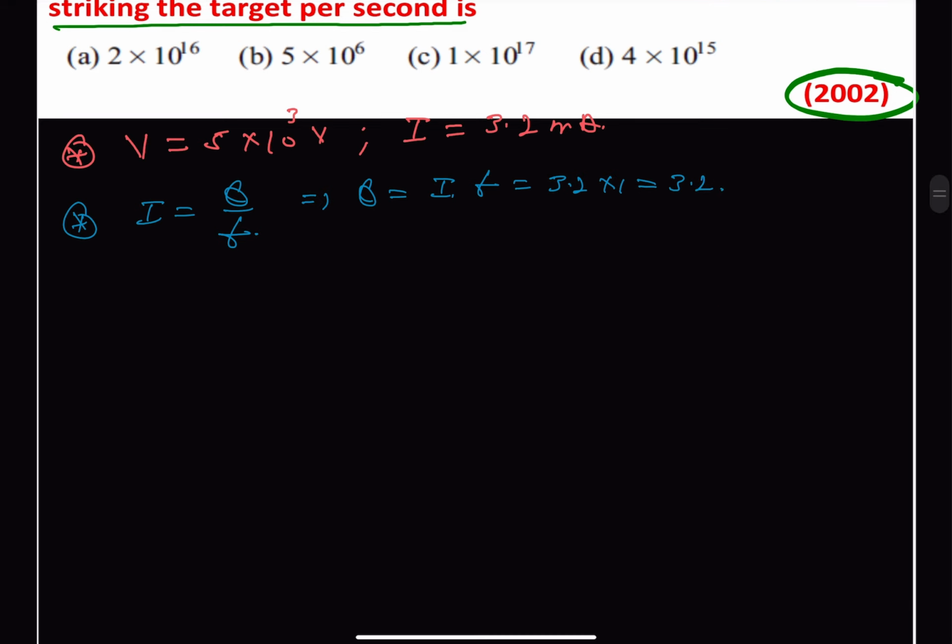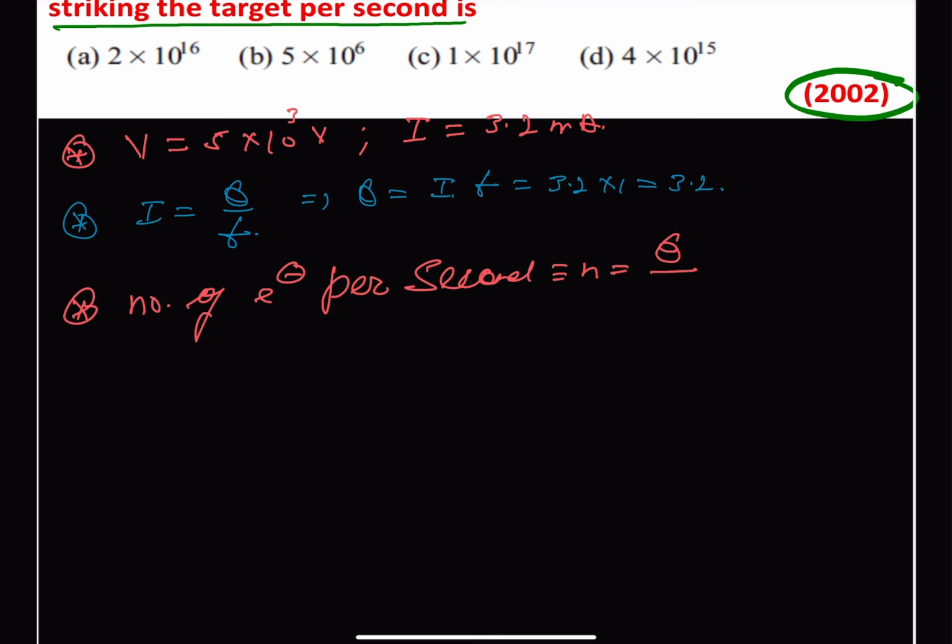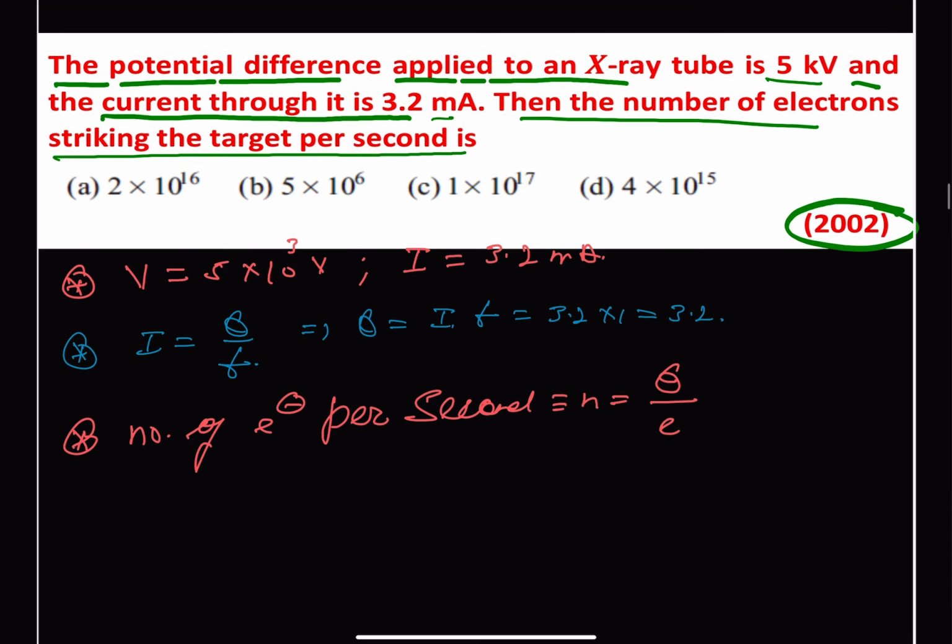And the number of electrons per second, let us suppose that is N, will be equal to total charge Q divided by the charge on 1 electron, and the current is, sorry, 3.2 milliampere, that is 10 to the power minus 3.